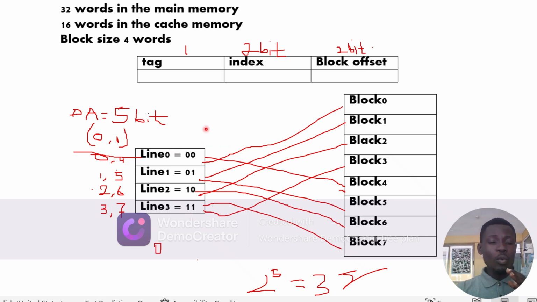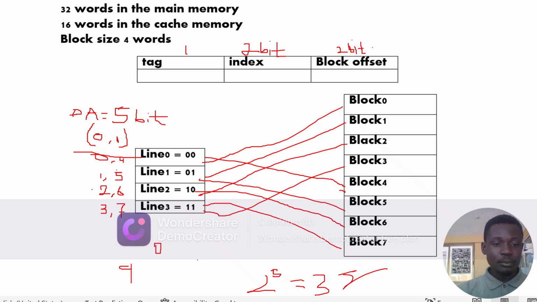So when the address is given, let me take decimal number 9.